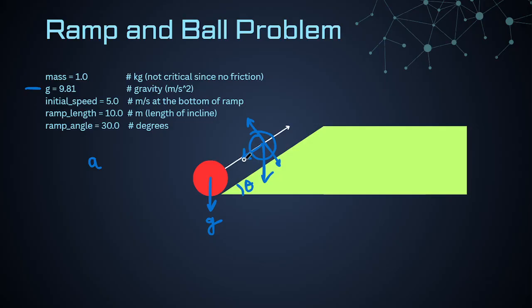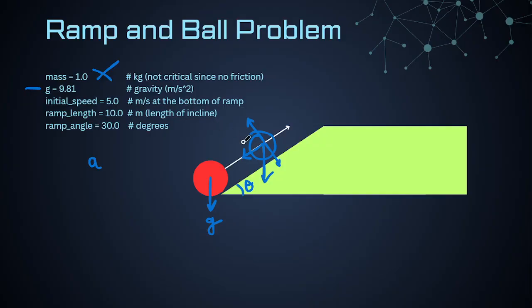So as this ball climbs up, obviously we have to simulate this using the fact that there is a constant acceleration downwards on this ball, and the initial velocity is 5 meters per second in this simulation. The ramp length we've assumed to be 10 meters, ramp angle is 30 degrees. And the mass of the ball is given here, but it's not really relevant because none of the equations of motion really need it. All we need is the acceleration, and we know that the acceleration is the same on all objects irrespective of their mass. The gravity acceleration is the same.